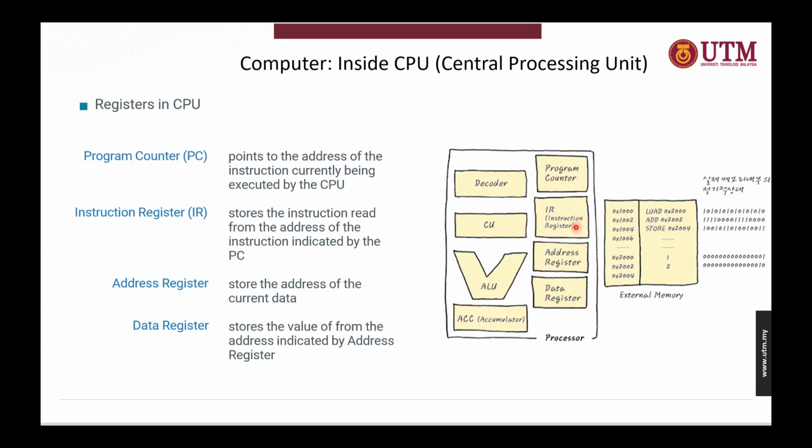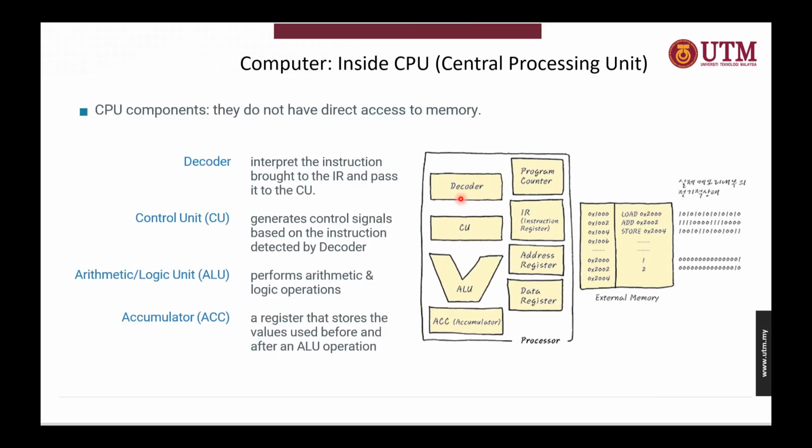Apart from that, there are 4 components that we need to know as well. First is the decoder. This decoder is used to interpret the instruction brought to the instruction register and pass it to the control unit. So whatever instruction is stored in the instruction register will be decoded by the decoder.